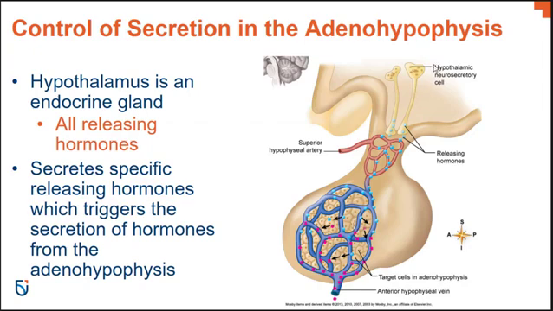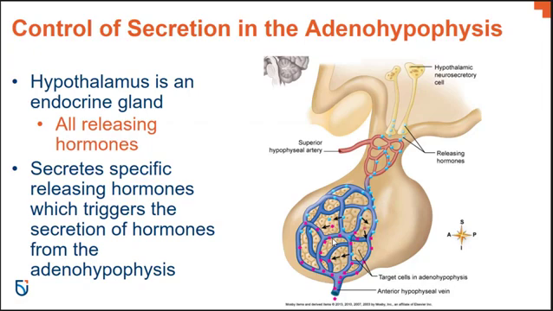So when the neurosecretory cells produce their hormone, they'll be released into the blood. So they're in these neurons. They end up being released into the blood through this portal system that's called the hypophyseal portal system, where they can then travel to the pituitary gland. These releasing hormones, once they arrive at the pituitary gland, they will target specific cells that they are designed for.